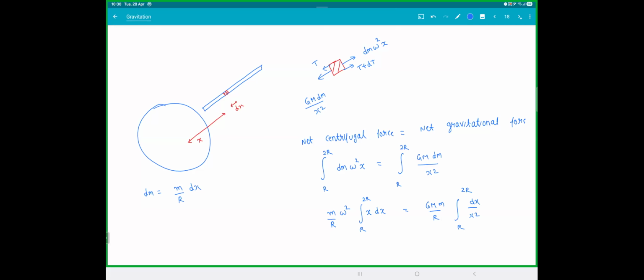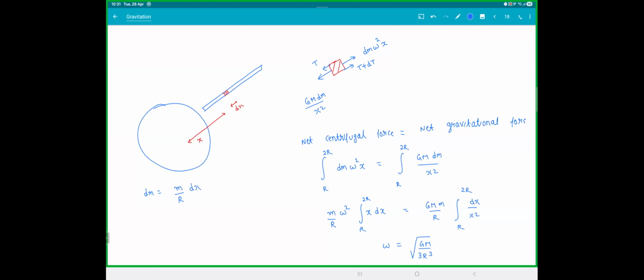And that one would be 1 by x, so 1 by 2R. The 2 goes off, 1 by 3 is left, R goes off, and M goes off. Omega square would be GM by 3R, the R square, so R cube. Yep, that should be the answer there.